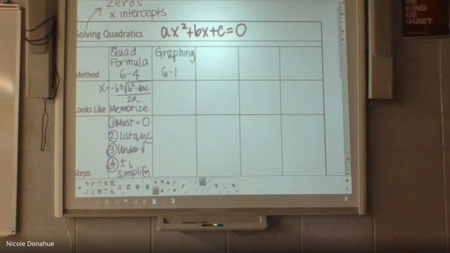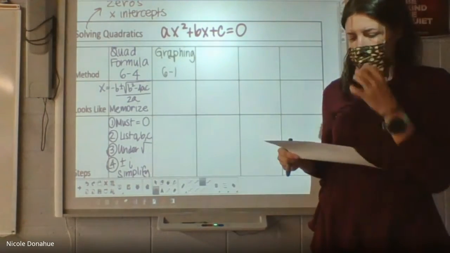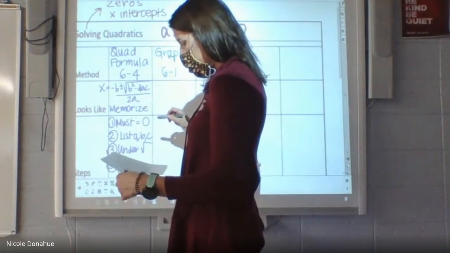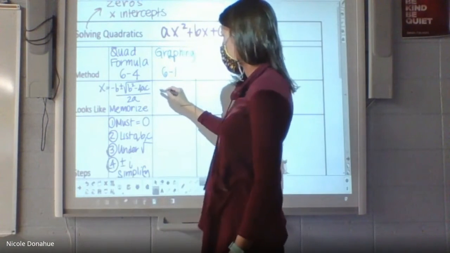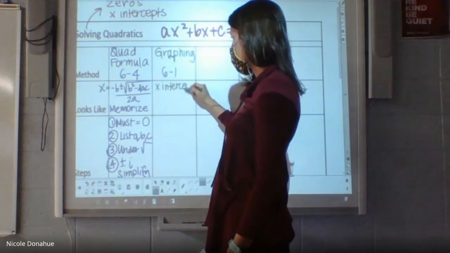And this is the one where I'm looking for the intercepts. I'm looking to see where it crosses the x-axis. So maybe in here I might just write, we're looking for the x-intercepts.